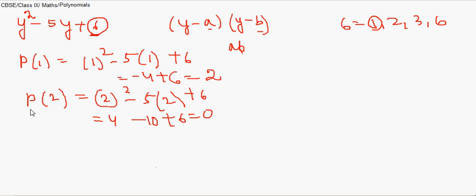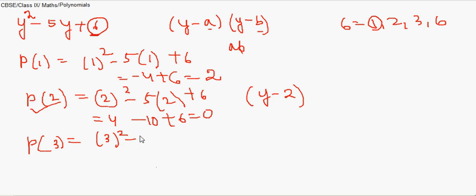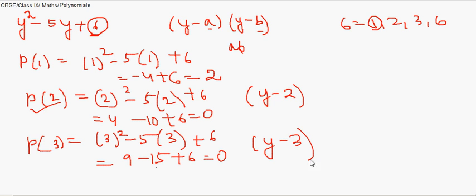So 2 is a zero, that makes y minus 2 a factor, because 2 is giving us the remainder 0. Now try with 3. So 3 square minus 5 into 3 plus 6, it's 9 minus 15, that's minus 6 plus 6, that's 0. Similarly, y minus 3 is also a factor.